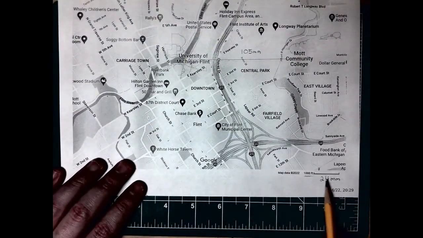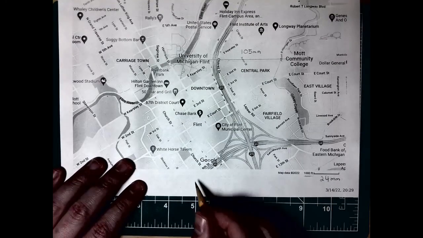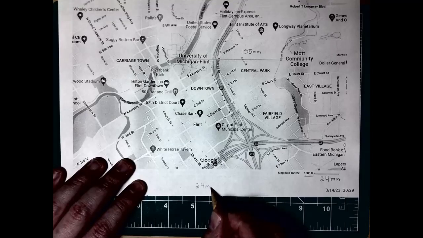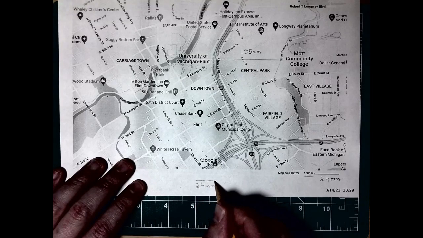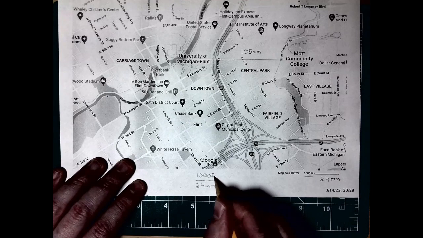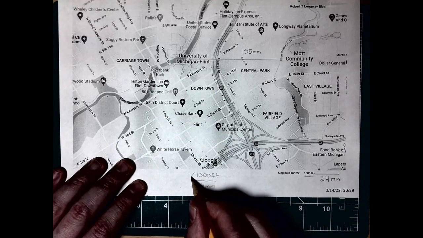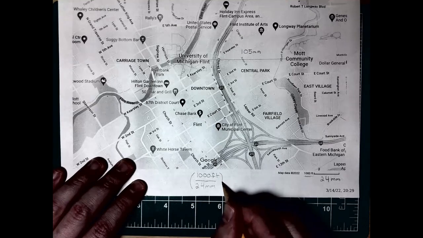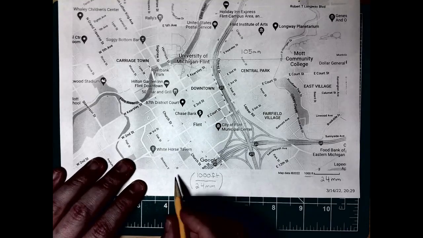Now, since I know that 24 millimeters is going to correspond to 1,000 feet, I can use this as a conversion factor.